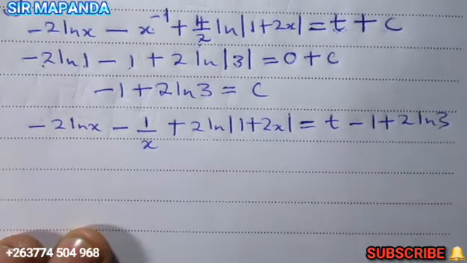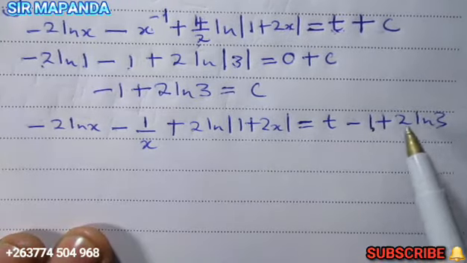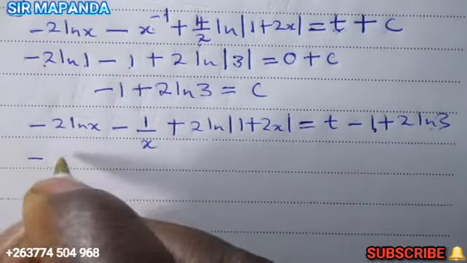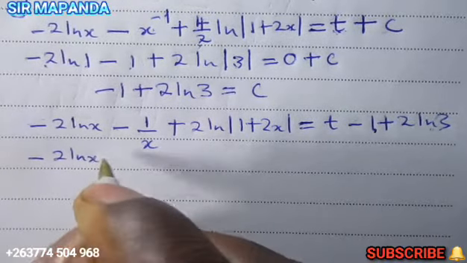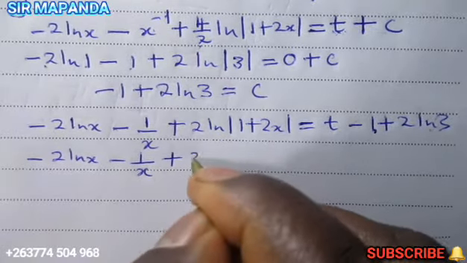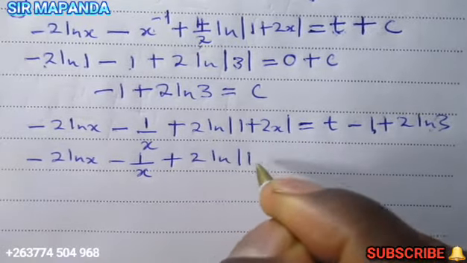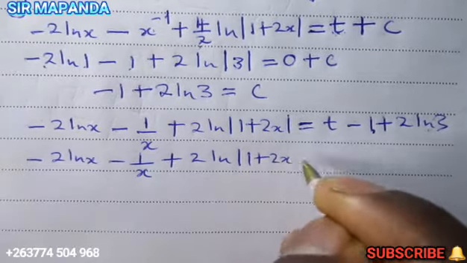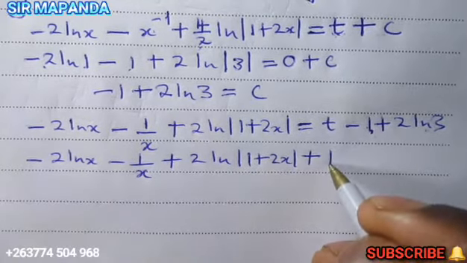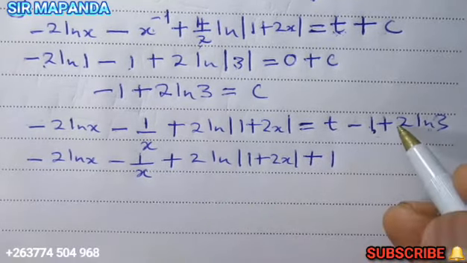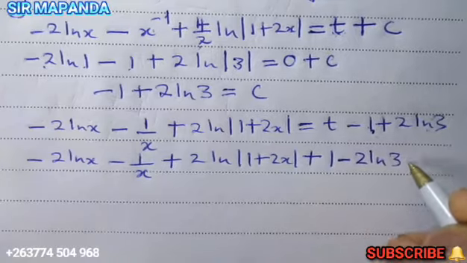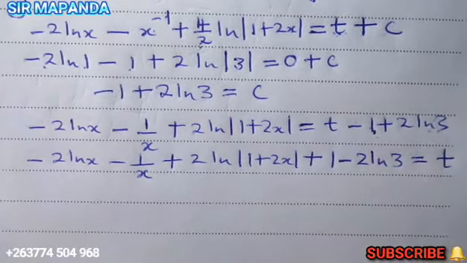I hope you are following. So I want to move minus 1 and 2 ln 3 to the left side. So you have minus 2 ln x minus 1 over x plus 2 ln 1 plus 2x here. If you move minus 1, you get plus 1, right? If you move 2 ln 3 to the left, you get minus 2 ln 3. Then you will be left with the t.